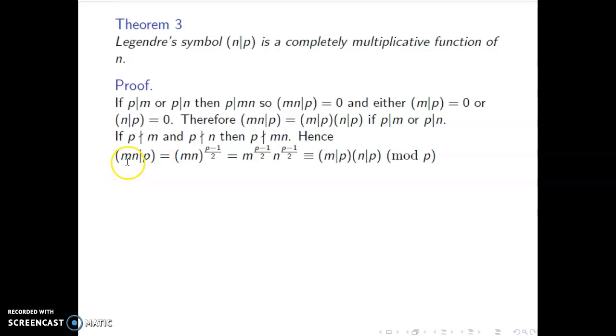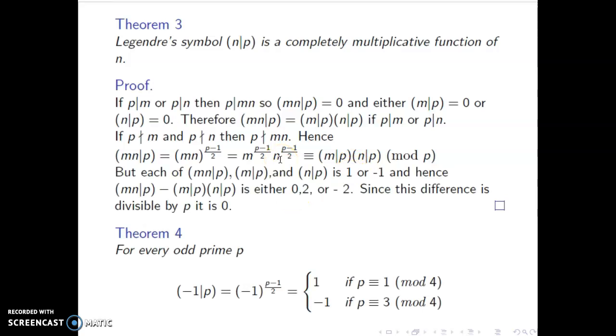Therefore, I can look at (mn/P). Now this I can write as mn raised to (P minus 1)/2 using Euler's criterion, which is equal to m raised to (P minus 1)/2 times n raised to (P minus 1)/2, which is congruent to (m/P) times (n/P) mod P. But each of these numbers, (mn/P), (m/P), (n/P), is either plus 1 or minus 1.